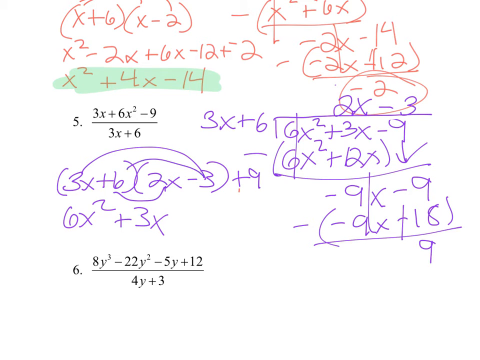And then I have a minus 18 plus 9, so that's going to give me a minus 9. And sure enough, that is indeed what I was supposed to come up with: 6x squared plus 3x minus 9. So my answer is 2x minus 3.